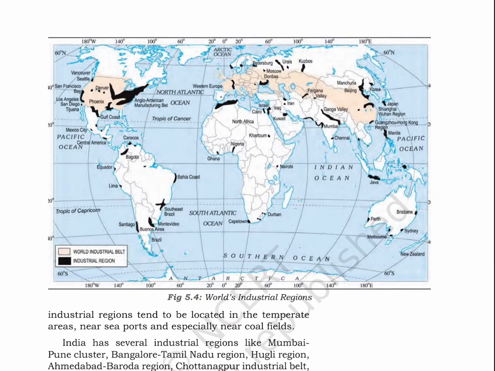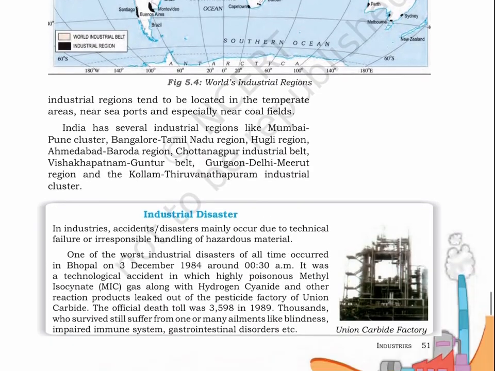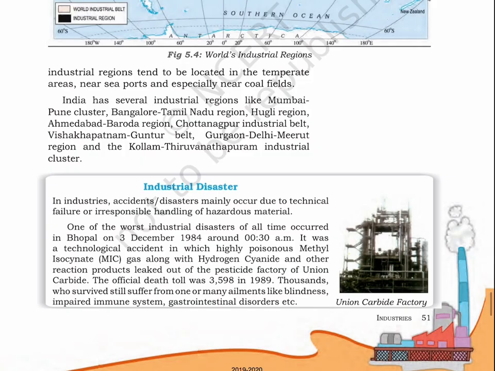Industrial disaster. In industries, accidents or disasters mainly occur due to technical failure or irresponsible handling of hazardous material. One of the worst industrial disasters of all time occurred in Bhopal on 3rd December 1984 around 12:30 am.